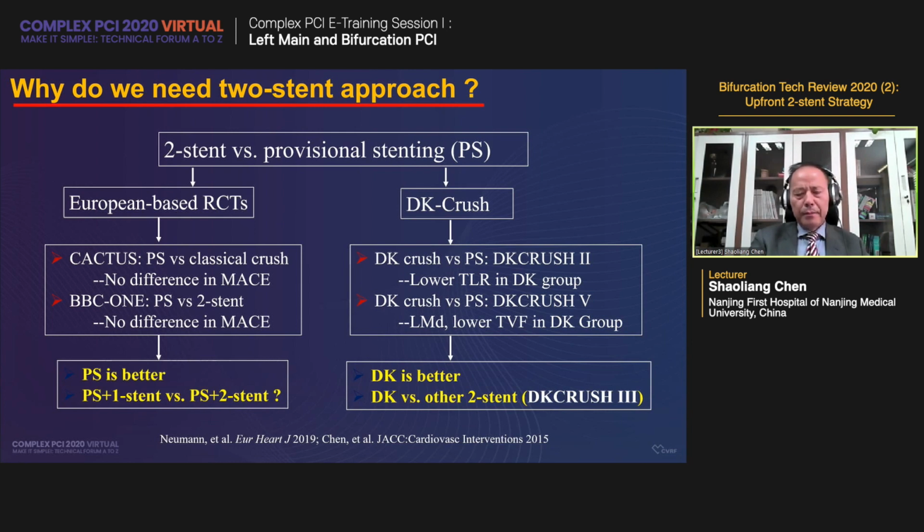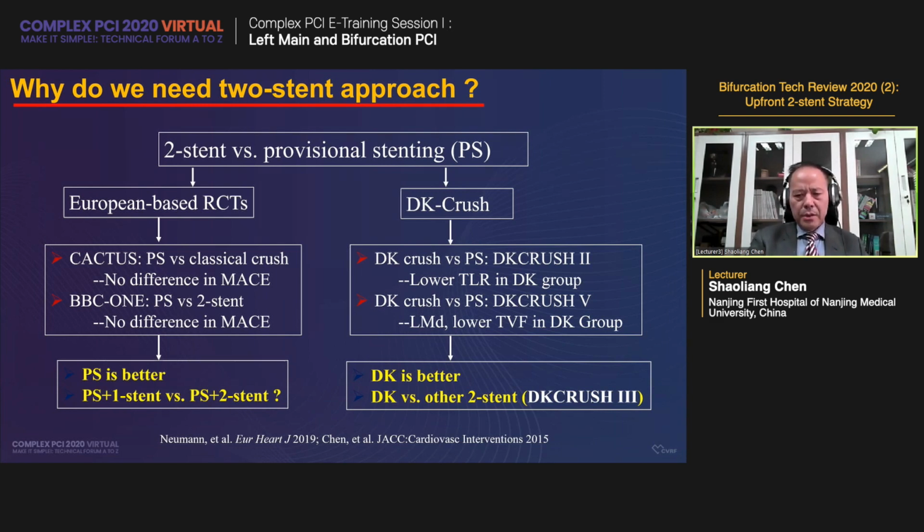On the other hand, from our DKCRUSH-2 and DKCRUSH-5 studies, even though finally we still got negative results, a non-significant difference in terms of MACE at 1 year between provisional and DK crush stenting technique in DKCRUSH-2, we found a very low rate of clinically driven TLR in the DK crush group. Finally, in our DKCRUSH-5 study, the primary endpoint was 1 year TLF, so we got a very significant reduction of the primary endpoint at 1 year in the DK crush group.